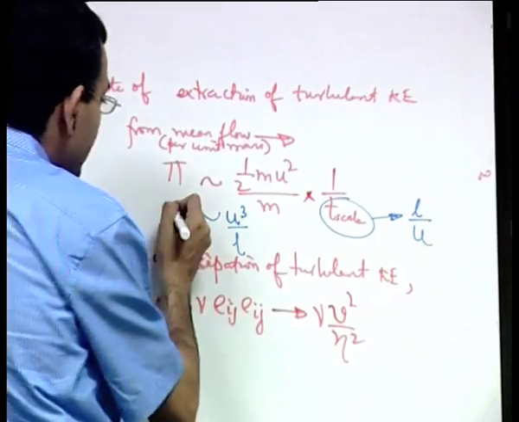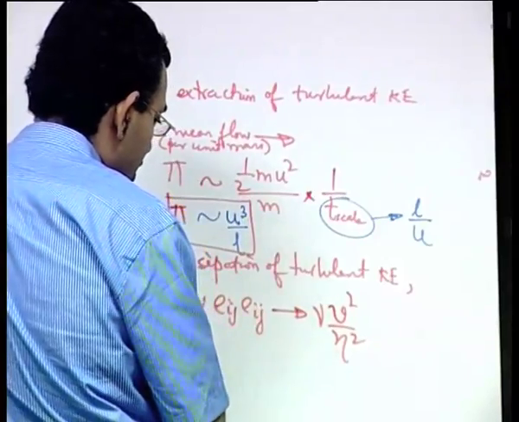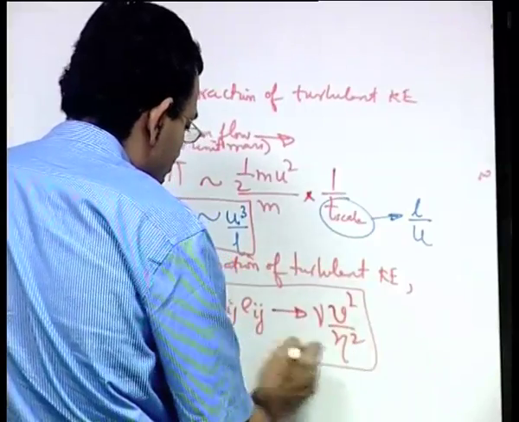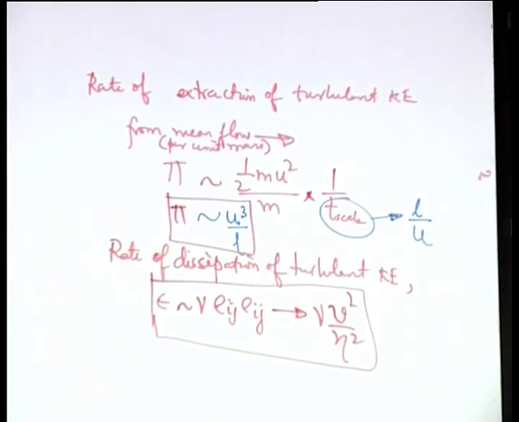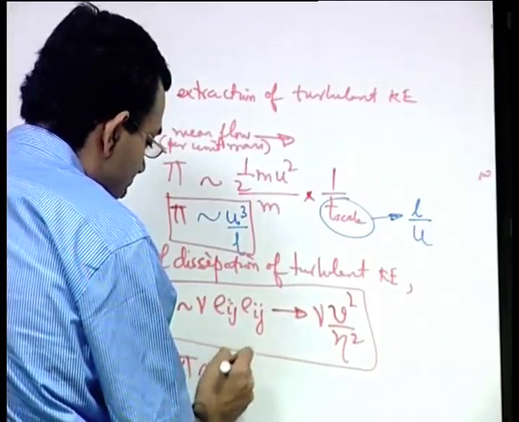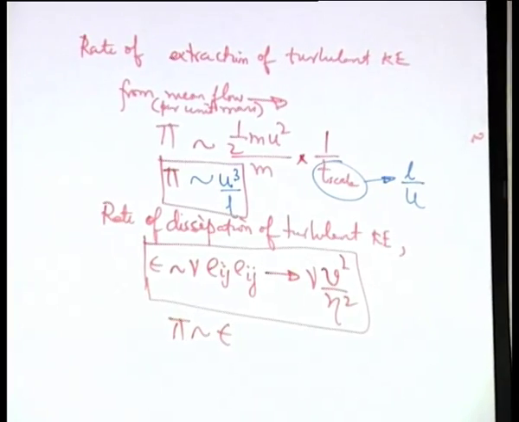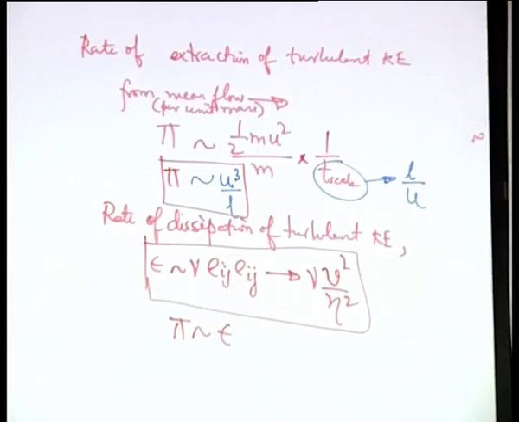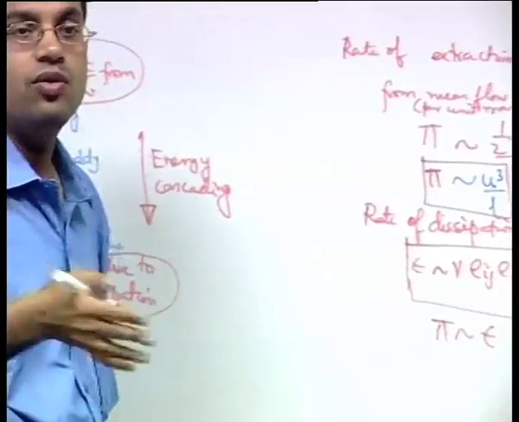So we have an expression for pi of the order of this, which is one expression, then nu, then epsilon of the order of this one. Then for having a dynamic balance you must have pi of the order of epsilon, so that there is no storage of energy at any intermittent condition. So whatever energy has been extracted, the same energy is dissipated, and this goes on in a cycle.